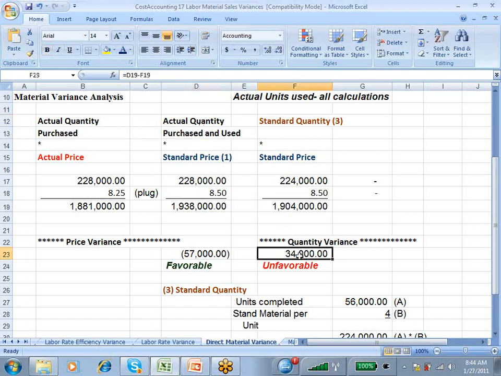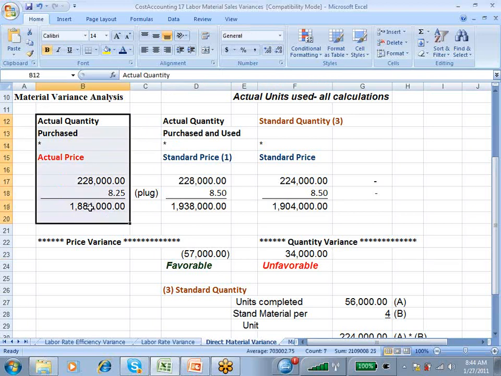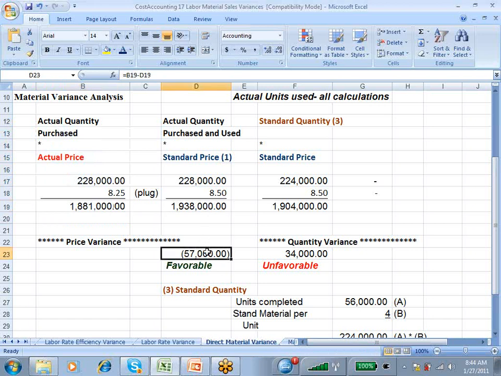It's unfavorable. However, when we look at actual quantity and price, it's 57,000 less than the middle column. That is a favorable variance. Blue minus green. If we added these two together, we'd see that in total there would be a favorable total variance since the 57,000 is more than the 34.